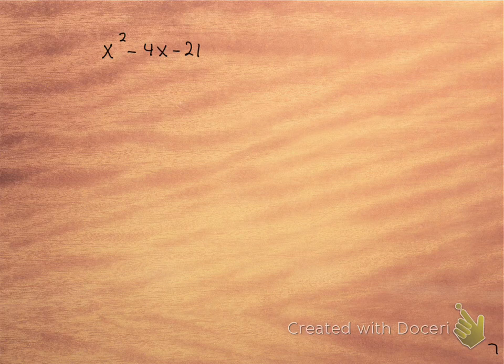I'm going to color coordinate, and actually this is not the example I want to start with. I'm going to start with example 2b first, because that's the best way to explain the rule that I'm going to tell you about the signs, okay?